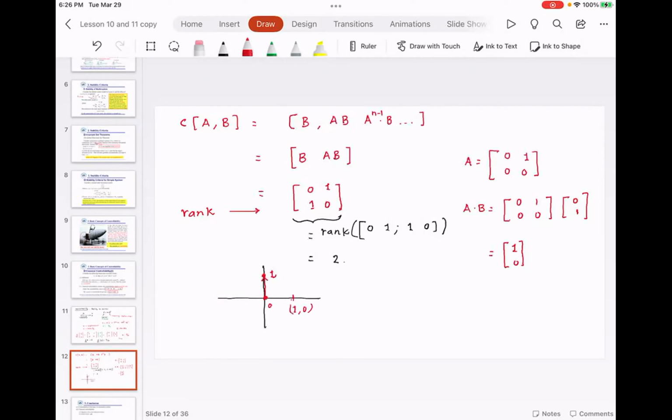You can see that these two vectors are perpendicular to each other, which means they are independent of each other, which means the rank is equal to 2, which means this controllability matrix has the full rank. What does that mean? This is what it means.